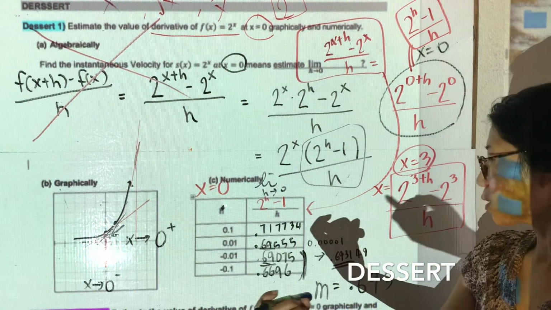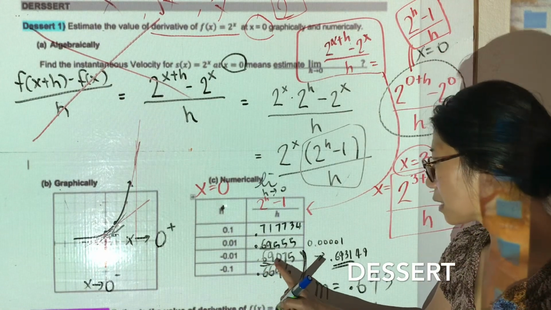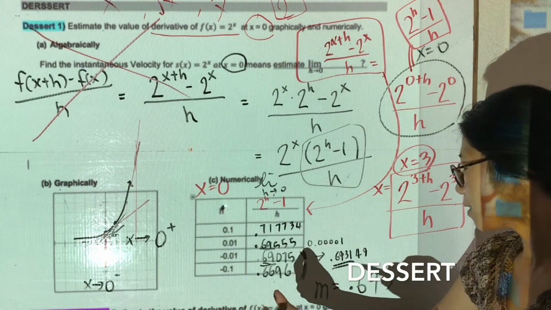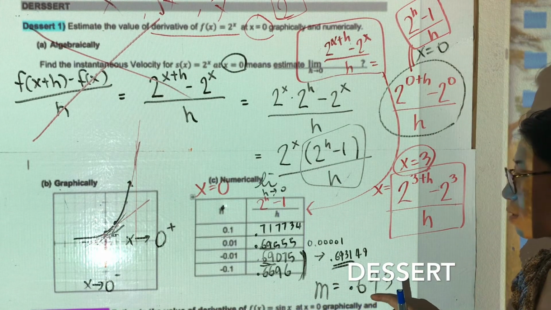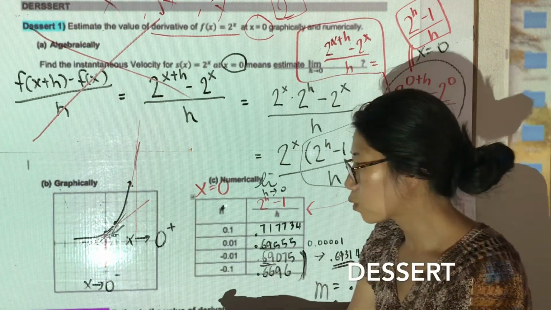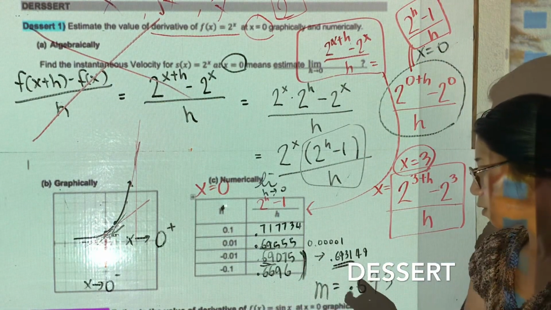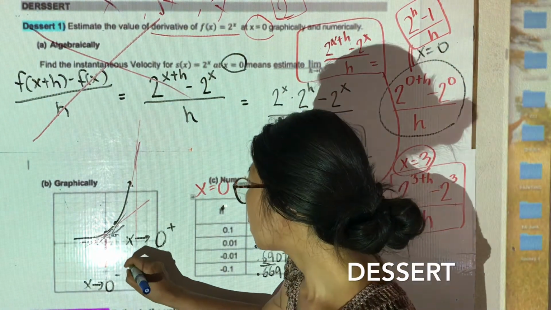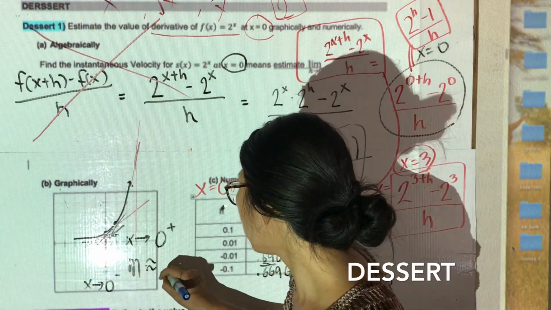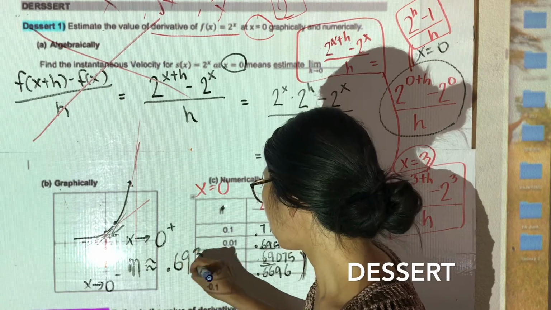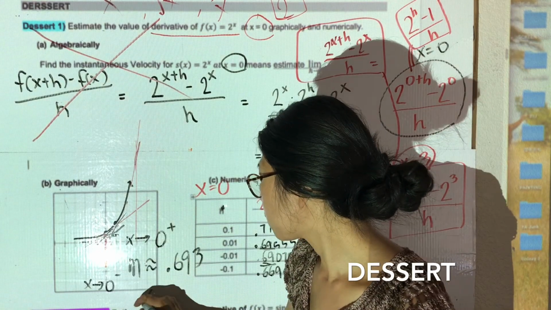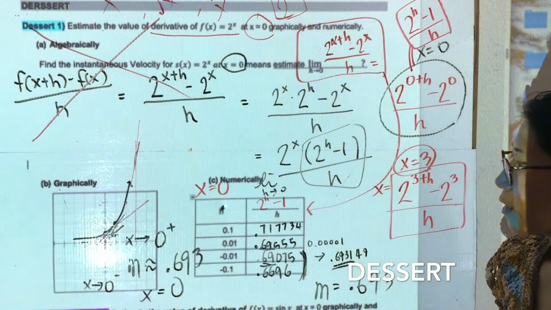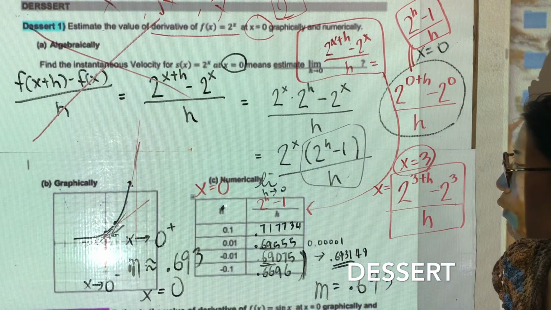The numbers are merging closer to 0.69, and with all that testing and experimenting, they see that their number converges into that number around 0.693. So I can conclude that the slope is about 0.693 at 0.